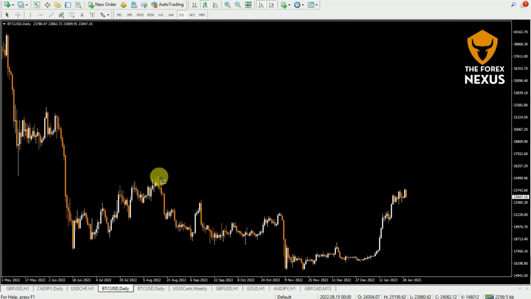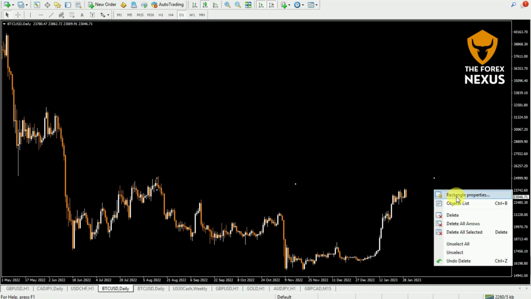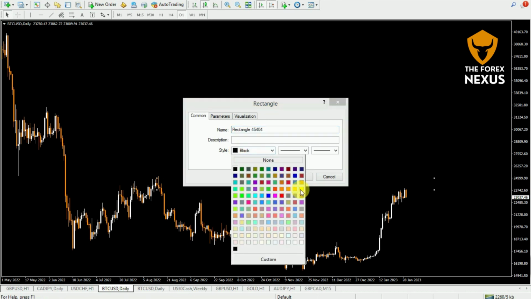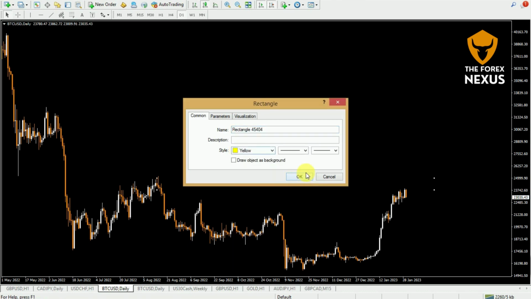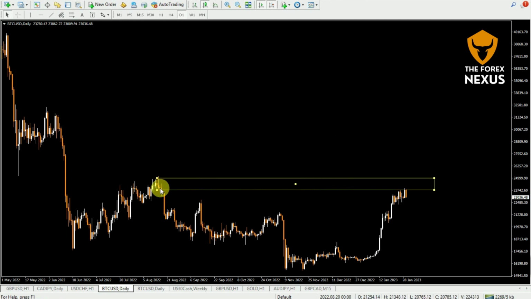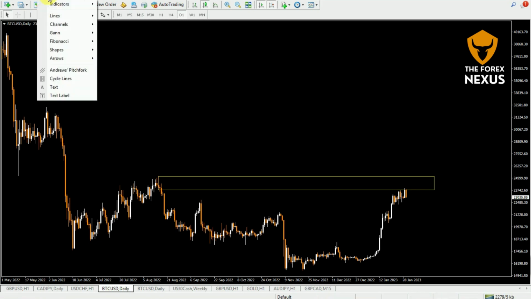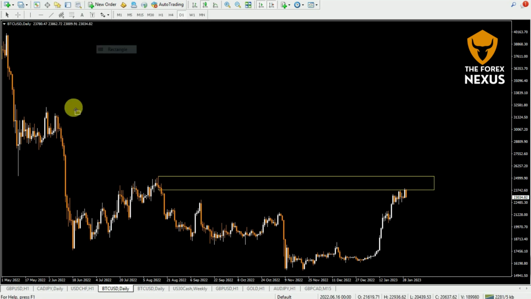First we will draw the untested zone on daily time frame. This is the untested zone, a fresh supply zone on daily time frame, and this one here is also an untested zone.